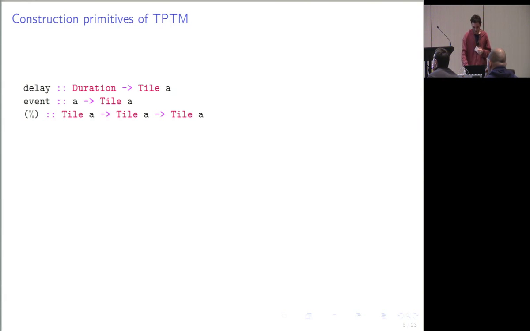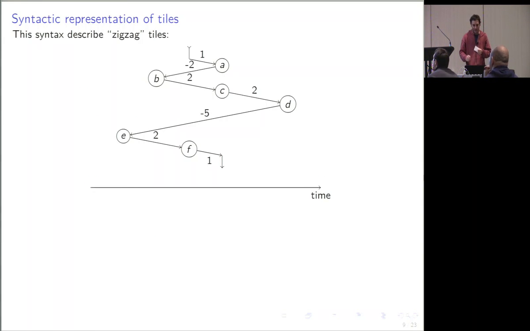Here is the syntax for constructing those tiles. We can define it in terms of delays that can be either positive or negative, and events that can be a media event, for instance. With this syntax, we can describe a zigzag tile.